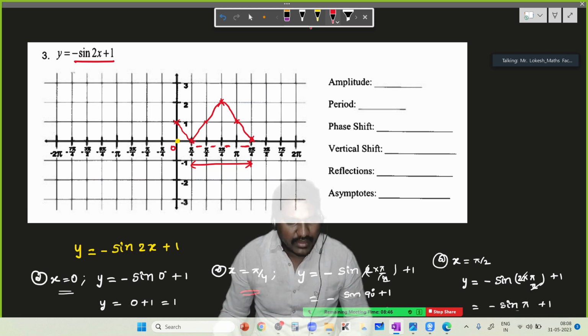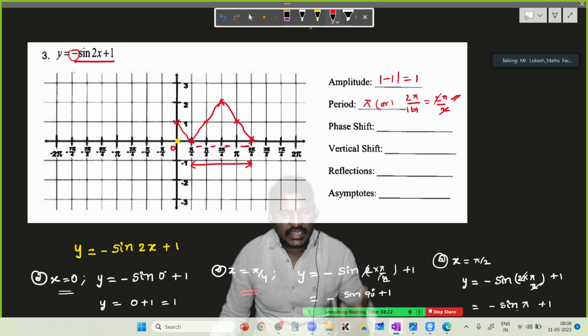So for every gap of pi radians it is repeating, so the period will be pi, and the amplitude will be the absolute value of a, so it will become plus 1. And we can also find the period using the formula 2 pi by mod b, so 2 pi by 2, which again becomes pi. We can obtain it directly from the graph, or use the formula to find the period.